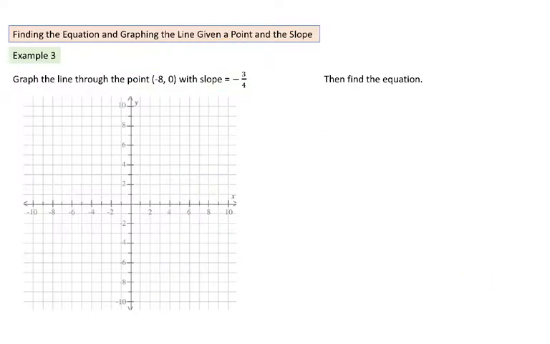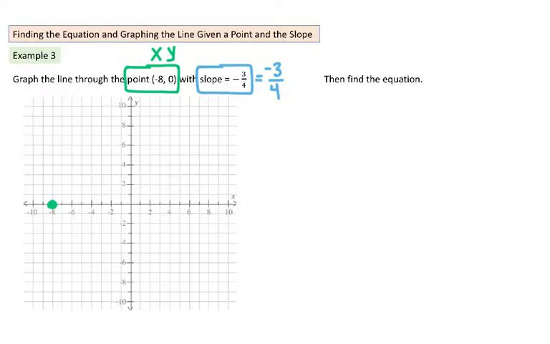Okay, we will do one more example, so hopefully it becomes easier and easier. We're given a point. The point x equals -8, y equals 0. That's this point. That's a good start for graphing the line. And we're also given the fact that the slope is -3/4. I always prefer to put that minus sign on the top. You can put it on the bottom if you like.